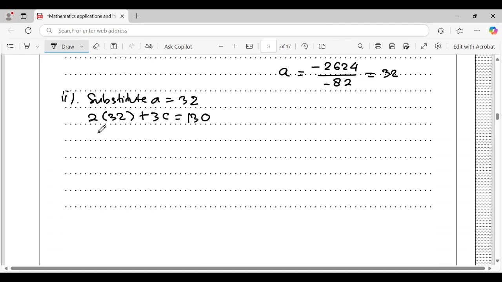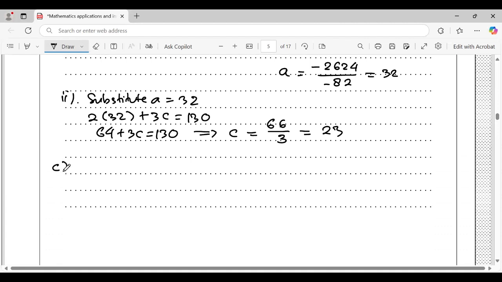So it's going to be 64. So it means we can determine C. C equals 130 minus 64, which is 66, divided by 3, is 22.